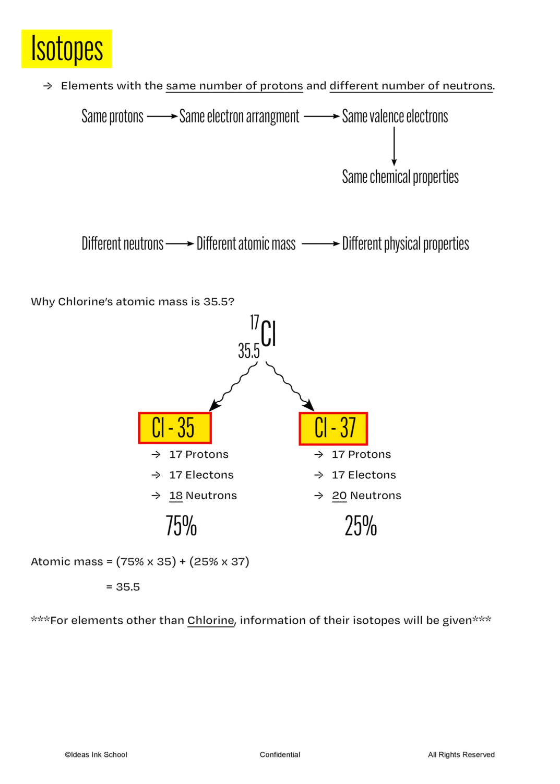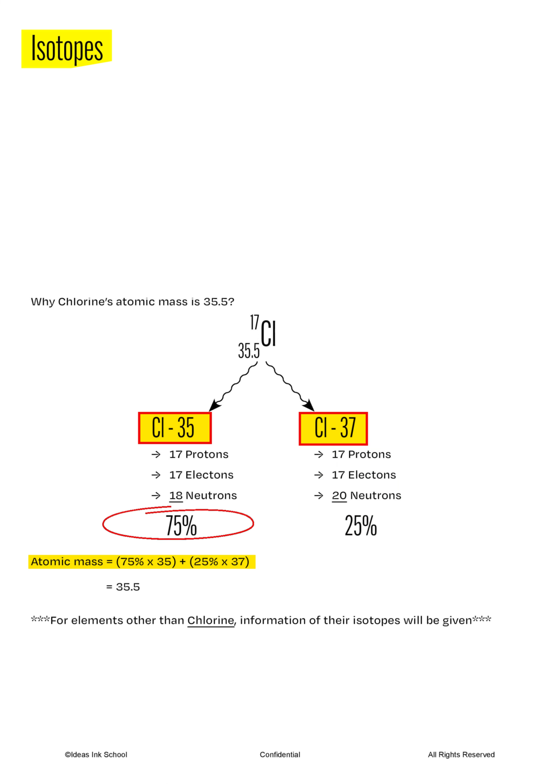As such, we can calculate that chlorine 35 has 17 protons, 17 electrons and 18 neutrons, while chlorine 37 has the same 17 protons and electrons but it contains 20 neutrons instead. And given that a sample of chlorine is roughly made up of about 75% of the chlorine 35 variant, and about 25% of the heavier chlorine 37 isotope, we can calculate the average atomic mass by taking 75% multiplied by the mass of 35, taking 25% multiplied by the mass of 37 and finally summing up the results from both multiplications.